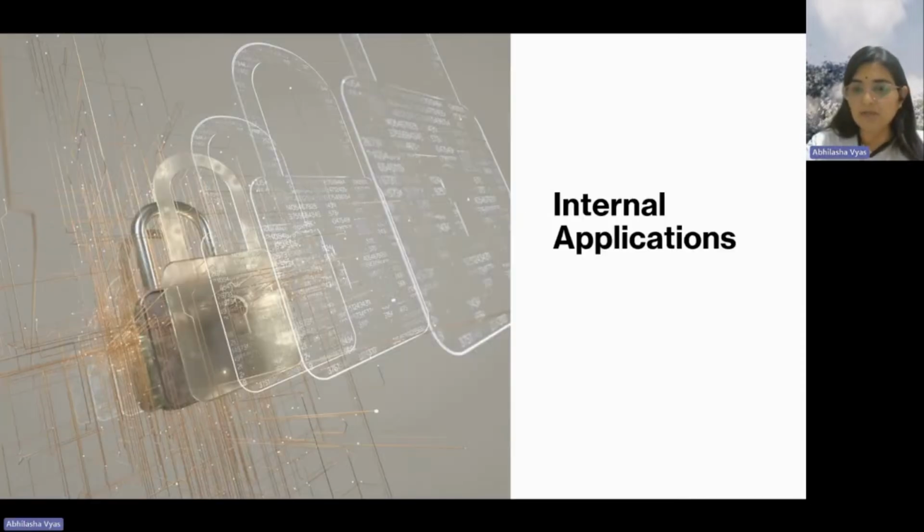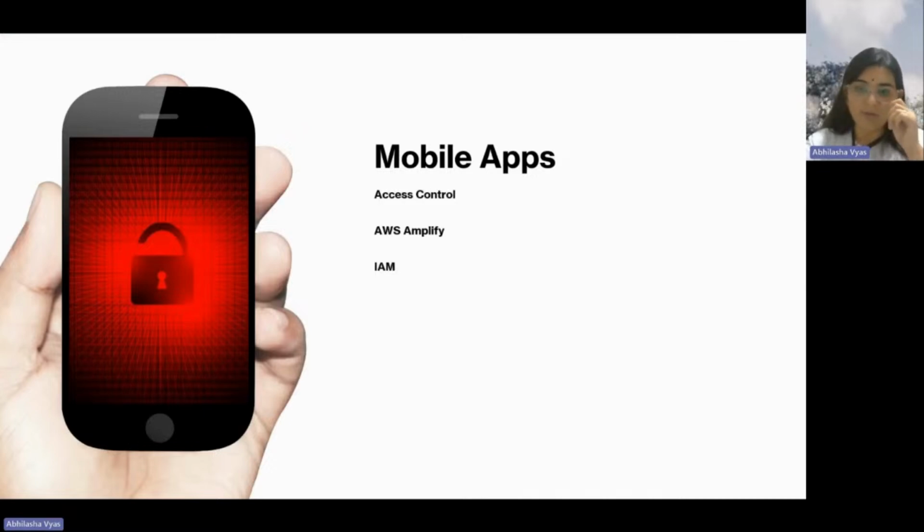When we say internal applications, as we discussed, these are a few options we need to work on: how much access you are giving for the data and storage. Are you giving access to the entire storage or a specific storage bucket? That also you need to work on. When we talk about mobile applications, the first point is access control. Again, up to which extent we are giving access, what kind of access grant we need from the user.